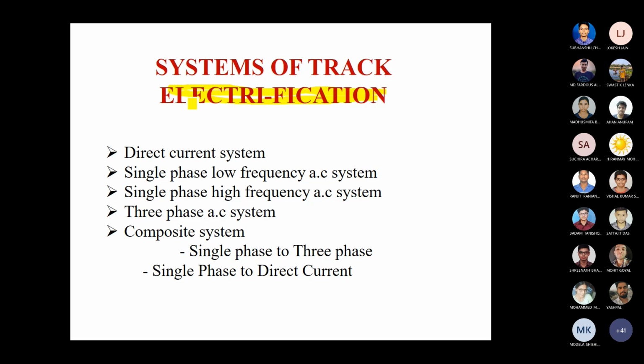Why? The basic question is why. 33 kV is the standard, so why 25 kV? Then we step it down as per our rating. Basically, 25 kV means nobody can steal that power.